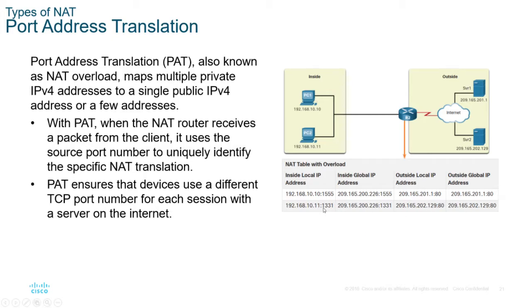It will make translations and mapping between not just our private IP address and our public IP address, but it'll also record port numbers for the translations, so that we can have multiple systems at the exact same time utilize the same public facing IP address.